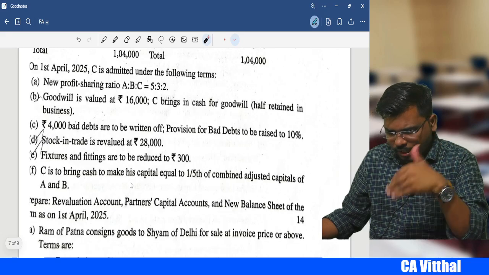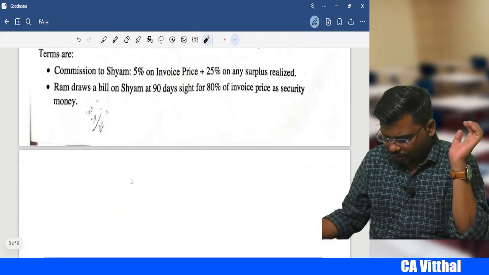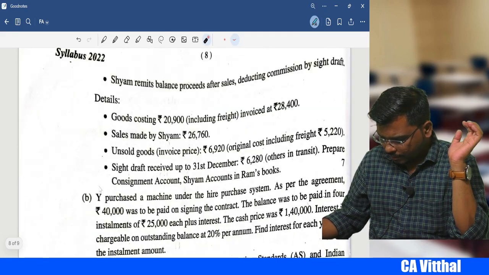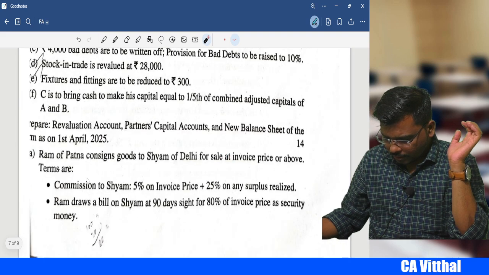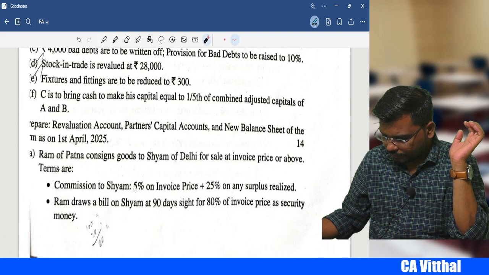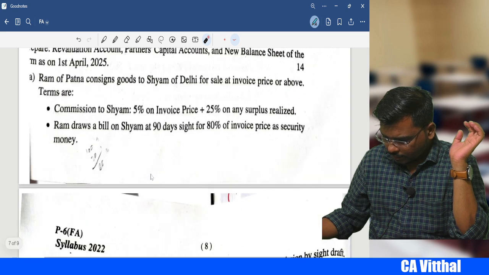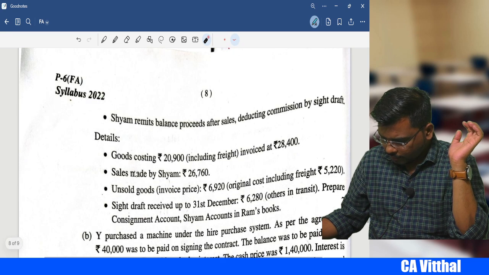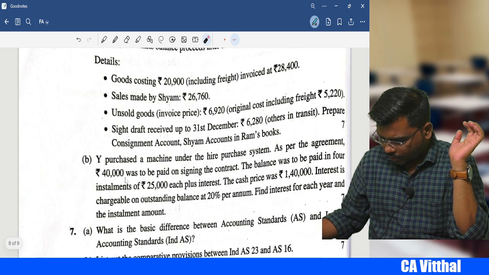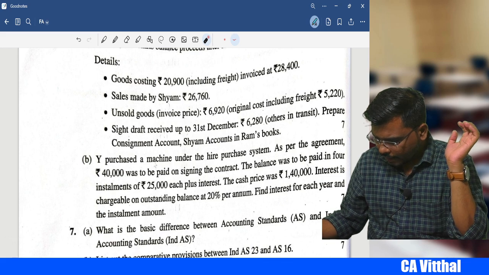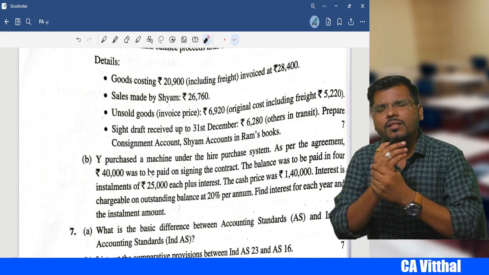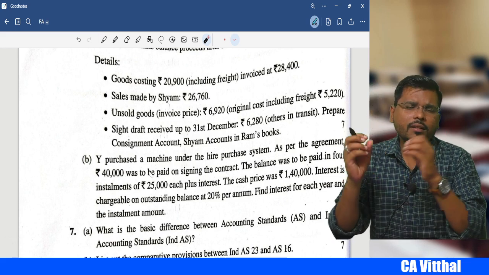Next one was partnership. Admission of a partner is a very easy question. They have asked admission of the partners, right? Thereafter this is consignment. Consignment was a little bit twisted. This time they asked a little bit difficult sum.